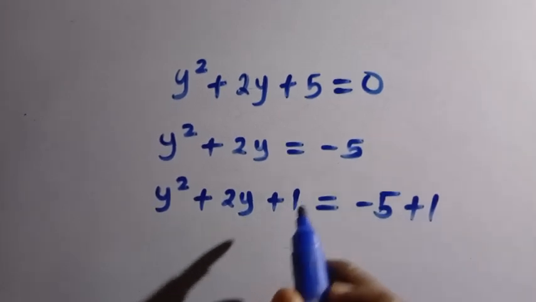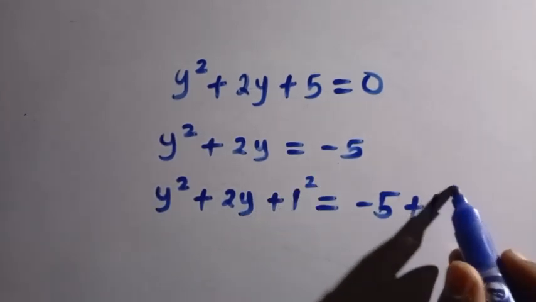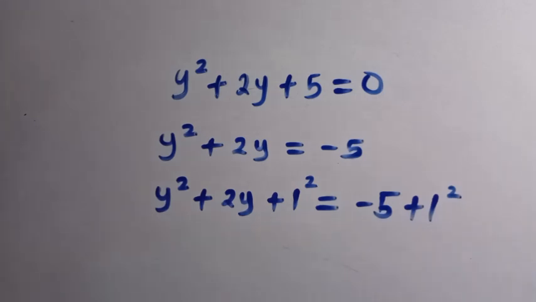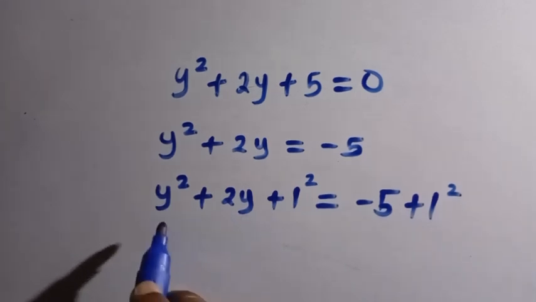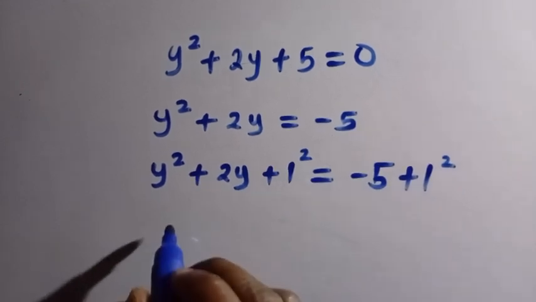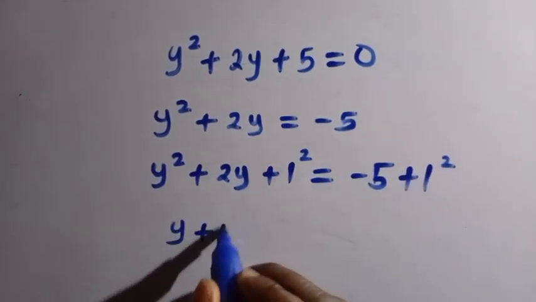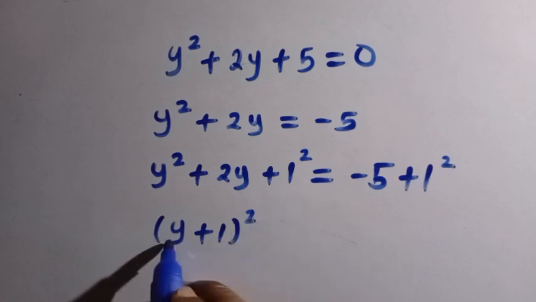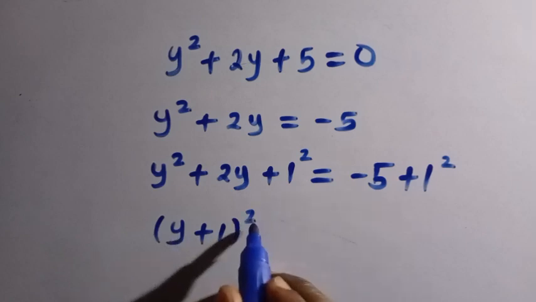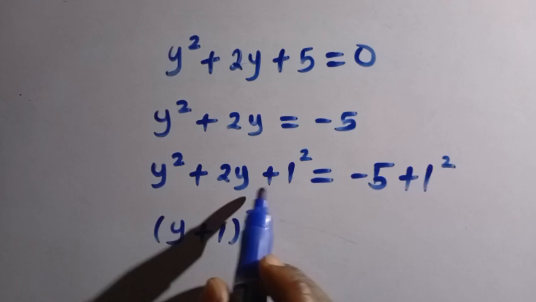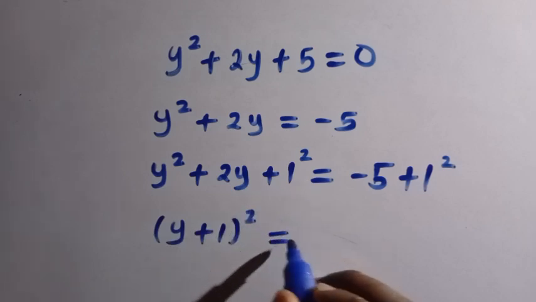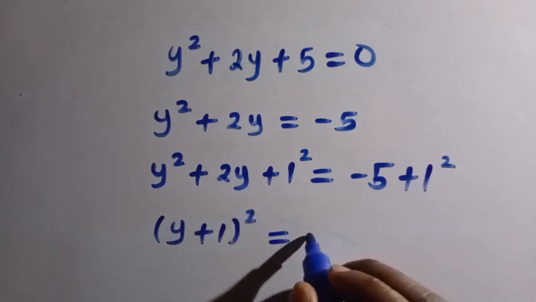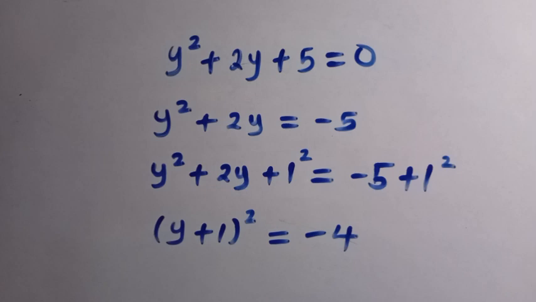This can easily be rewritten as y plus 1 all squared, which expands to y squared plus 2y plus 1, and this equals minus 5 plus 1, that is minus 4.